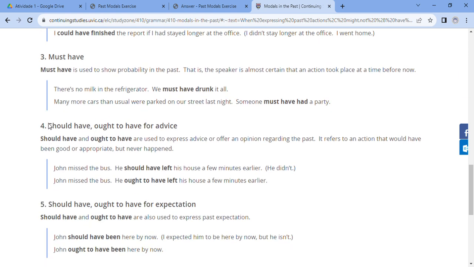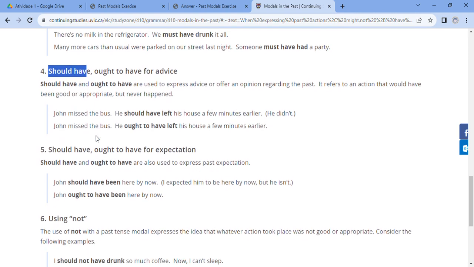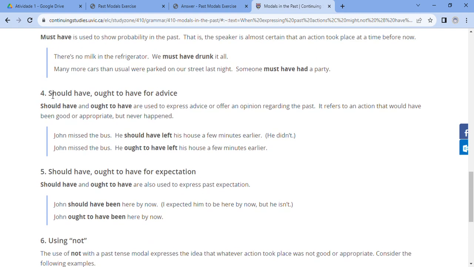Should have, we have two ways of using should have: for advice and for expectation. So should have is used to express advice or offer an opinion regarding the past.